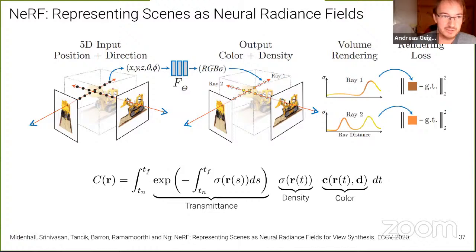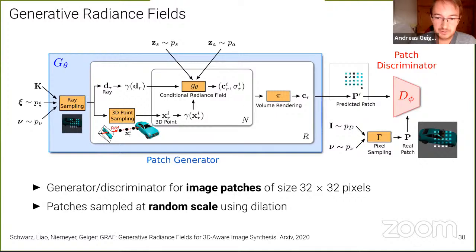So we wanted to extend this model to the generative case. And this is one work that we have currently under submission, where we try to build a generative adversarial network for this radiance field representation.